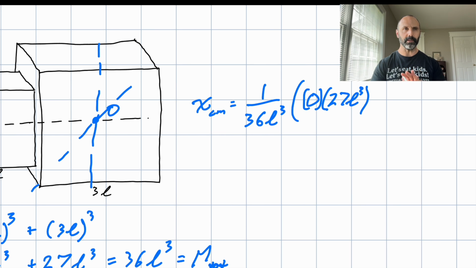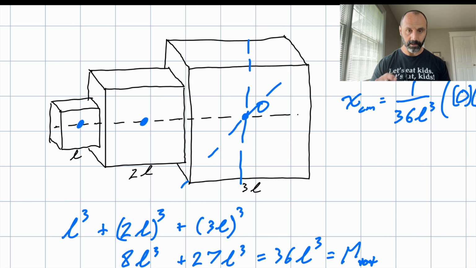It comes in really handy too when it gets to things like calculating torque, moments of inertia, things like that in rotation. So the second cube, where is that located? Well, the distance from the center to the edge is 1.5 L, whatever L is. We don't need to know.